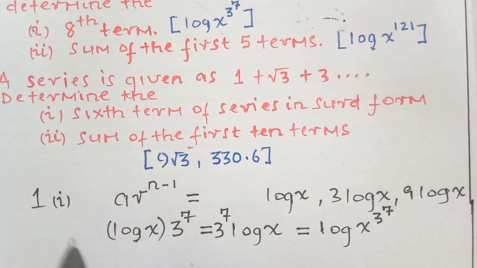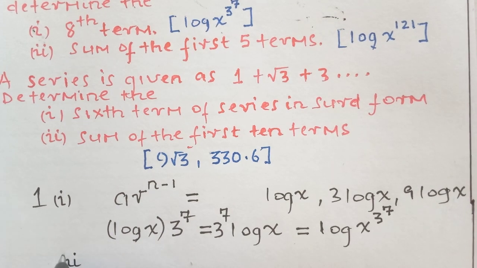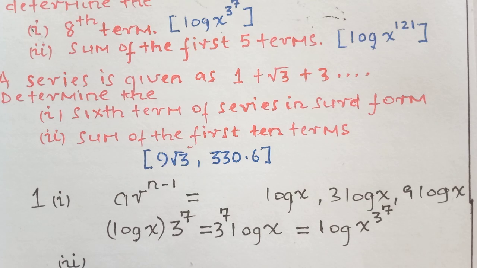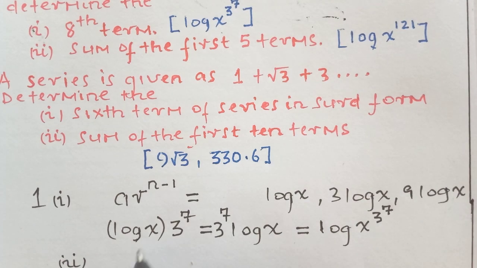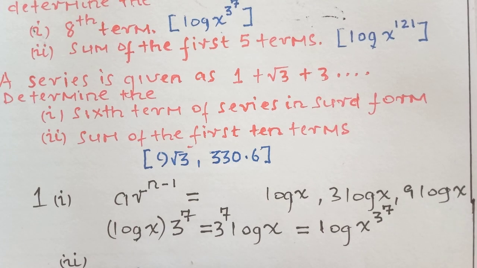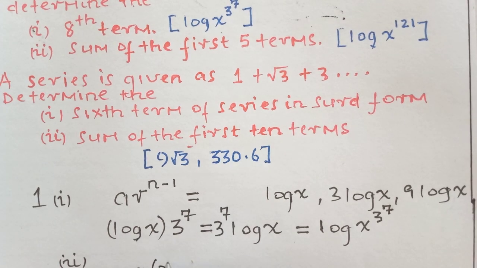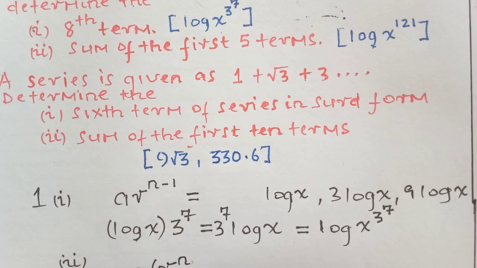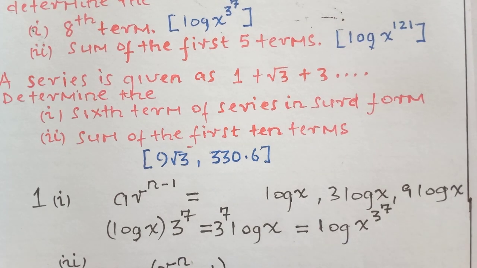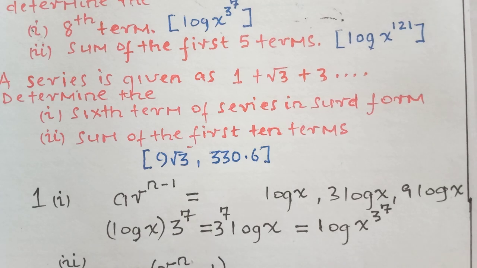So guys, we go now to Roman 2. Find the sum of the first 5 terms. For the sum, we use this equation, a(r^n minus 1) all over r minus 1.